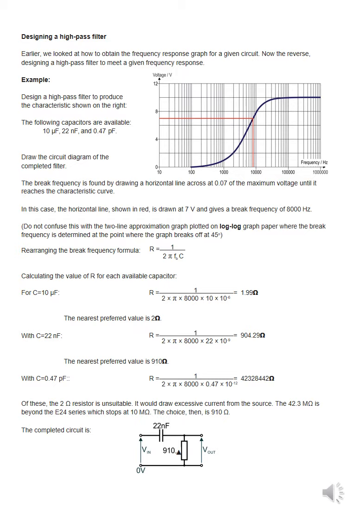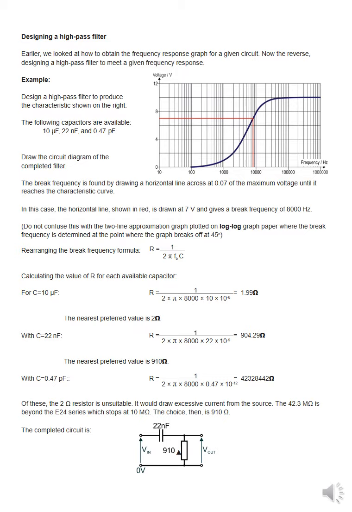So earlier we looked at how to obtain the frequency response for a given circuit. Now the reverse is designing a high pass filter to meet a given response. Earlier we were doing it for a low pass filter, now we are doing it for the high pass filter.